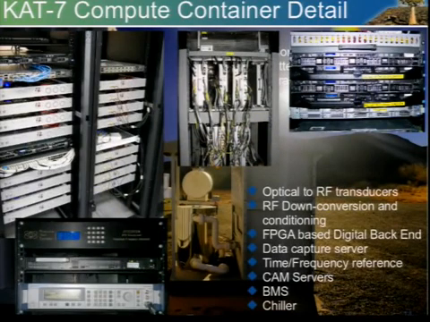So inside there's a whole bunch of cool stuff. This is not all of it. You can't see it, but there's the RF to optical transducer, and then this thing, and there's another rack at the bottom which is the same as the top, receives the analog signals from all the dishes, and it mixes them down to an intermediate frequency, which is what we actually digitize.